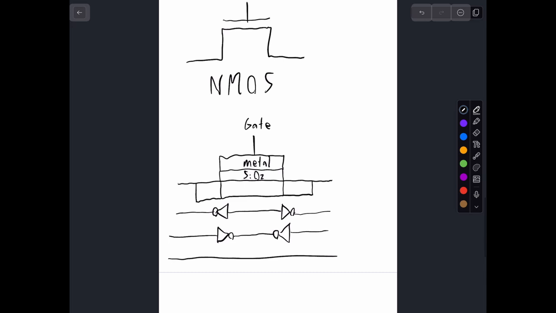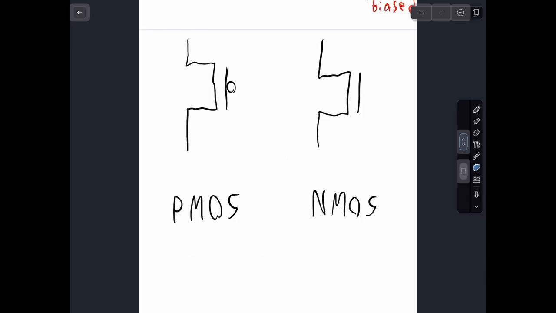Yeah, so as I said, there's two types of transistors. You have NMOS transistors. You also have PMOS transistors. So this is a PMOS. This is an NMOS. And the way to use these, so remember I said that when you bias the gate, they become a short circuit, like effectively flipping a switch.